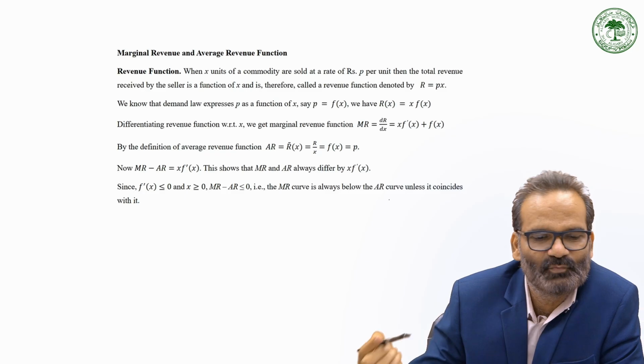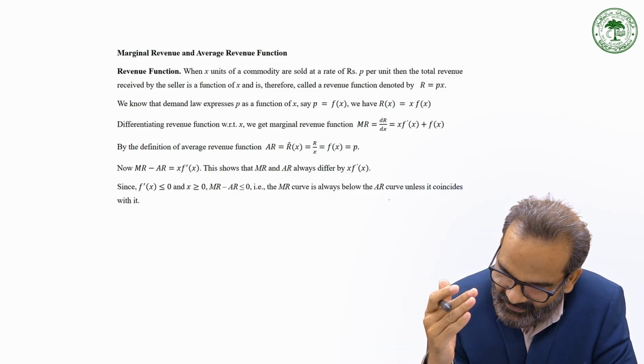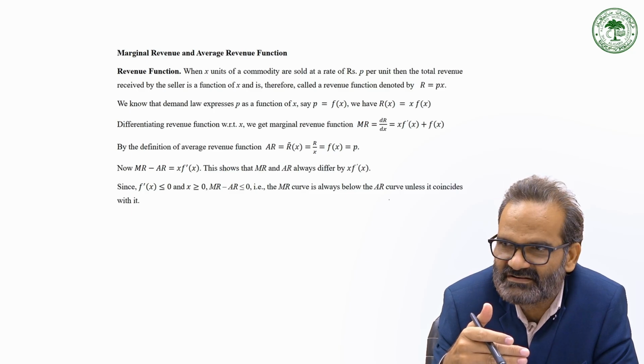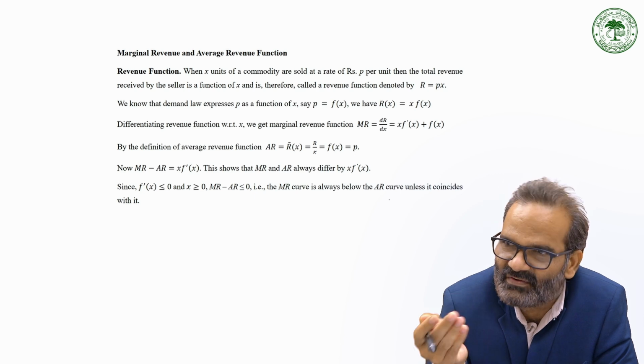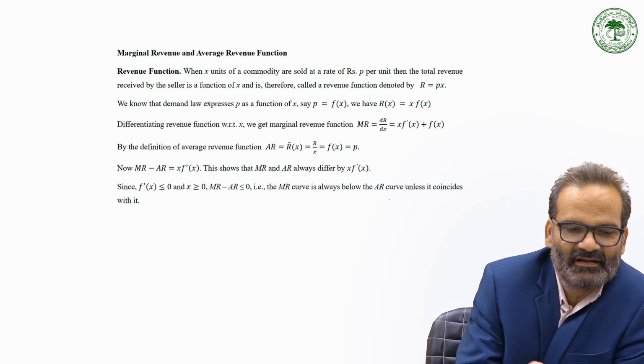So what is revenue? Before defining the marginal revenue and average revenue, we will run on the same pattern as we ran in case of the cost function. So first we should define the revenue, then we will define the total revenue, right? So what is the revenue function?